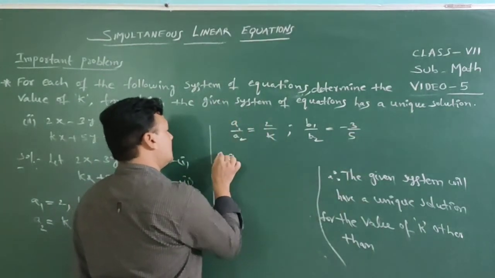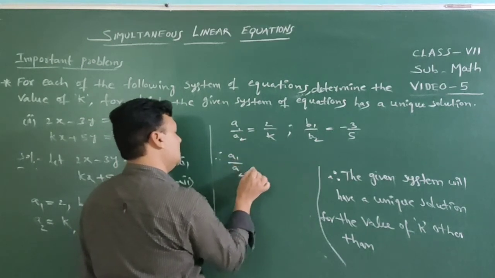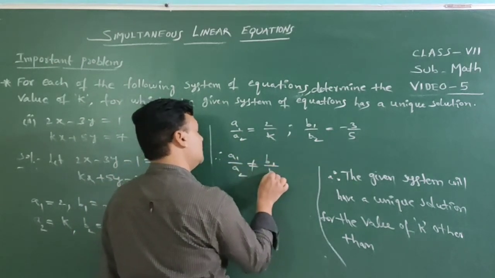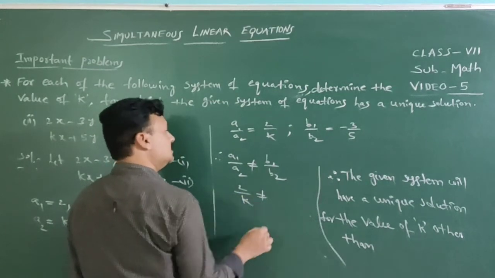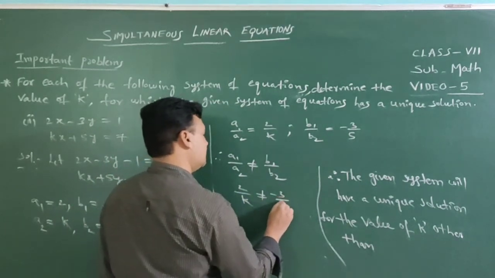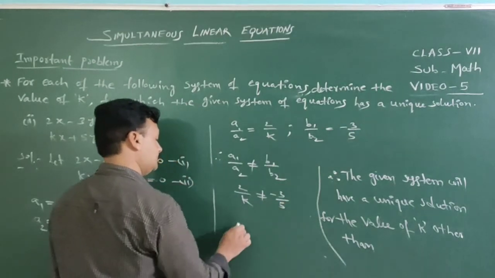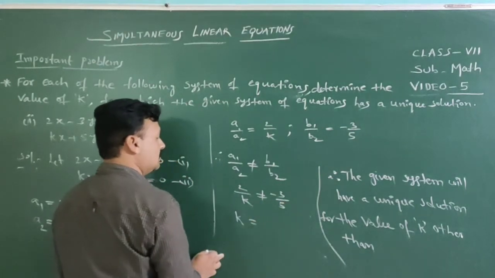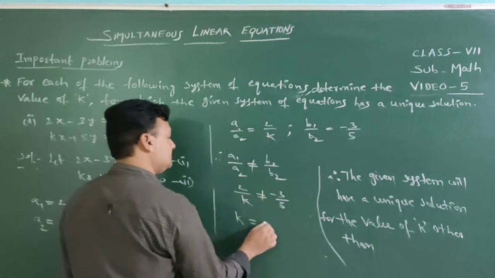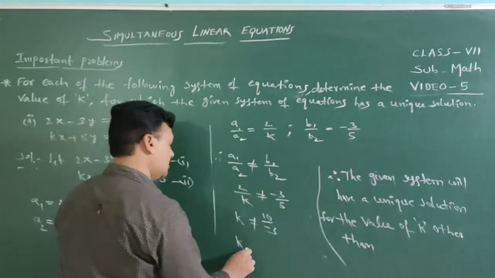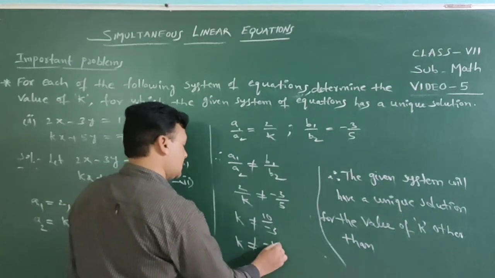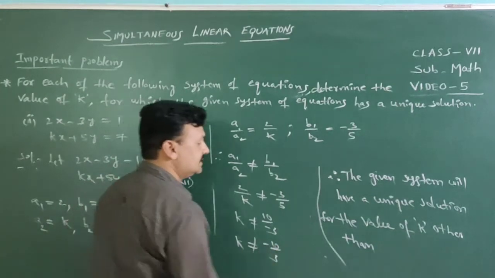So the condition is a1 by a2 is not equal to b1 by b2, that means 2 by k is not equal to minus 3 by 5. So k is not equal to 10 by minus 3, so minus 10 by 3.